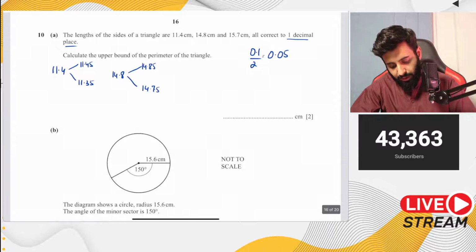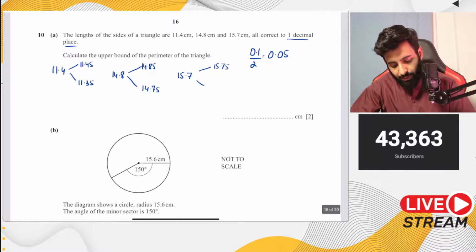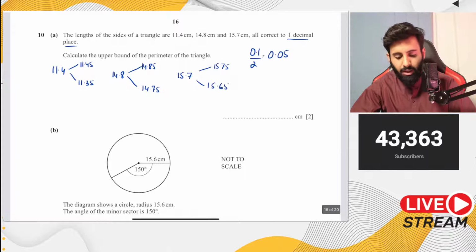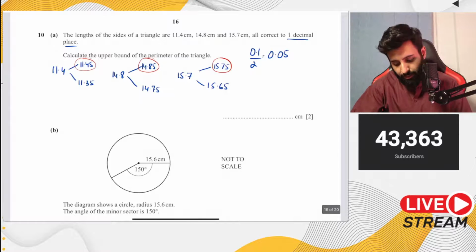And you have 15.7, the upper bound will be 15.75, the lower bound is going to be 15.65. And since you want the upper bound of the perimeter, what you're going to do is pick all the upper bounds and sum them up. So let's do that. 11.45 plus 14.85 plus 15.75. So here we are looking at 42.05.